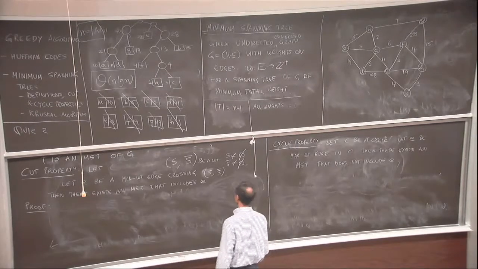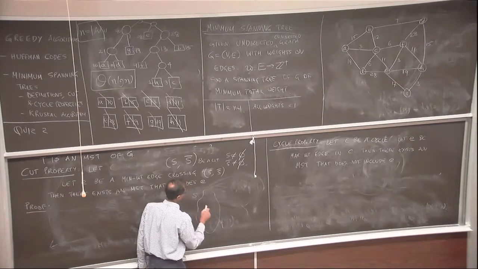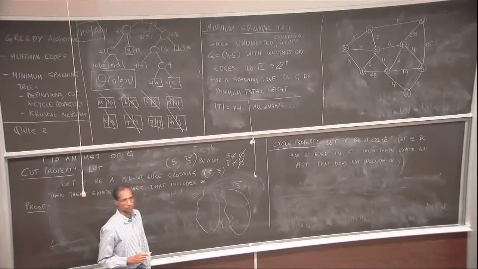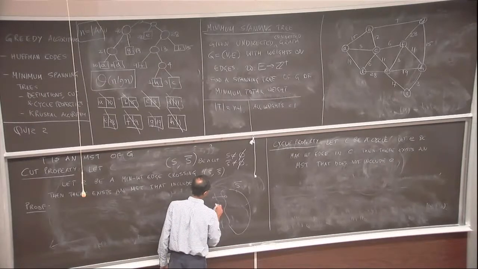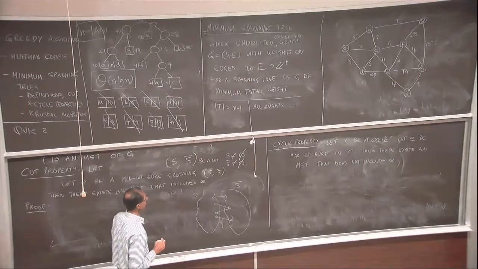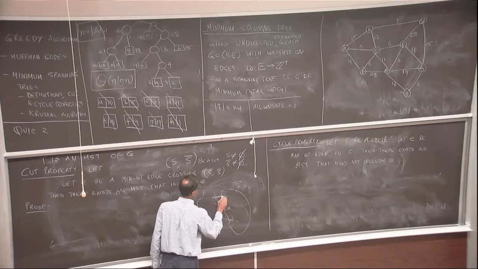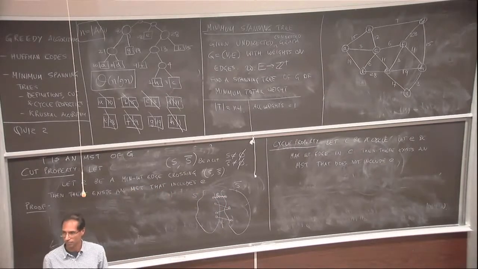Let's look at a cut S, S complement. Okay, there are a bunch of edges crossing the cut. There is one particular edge E that is the minimum weight edge.